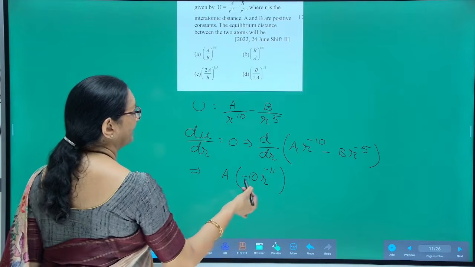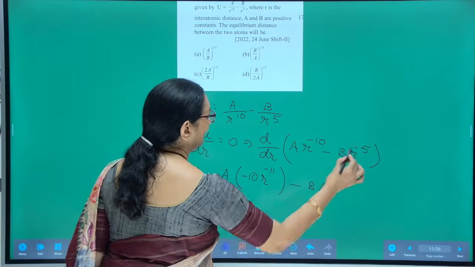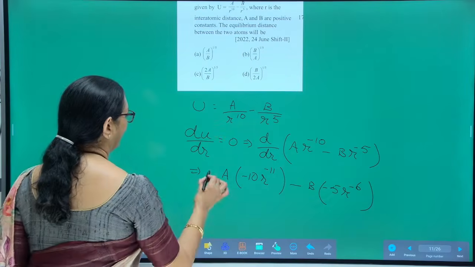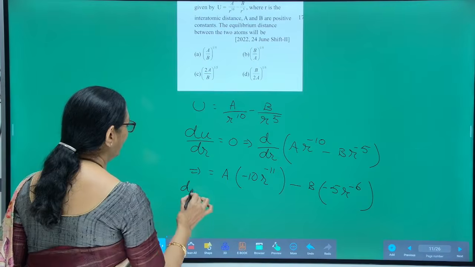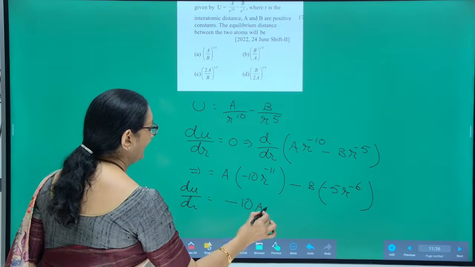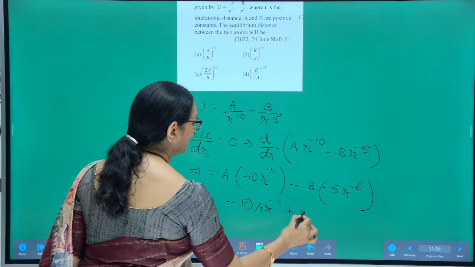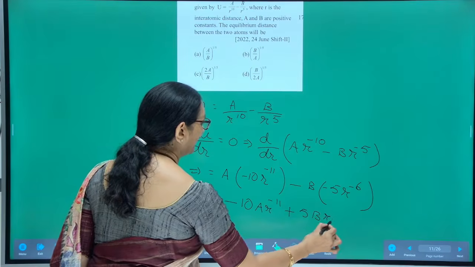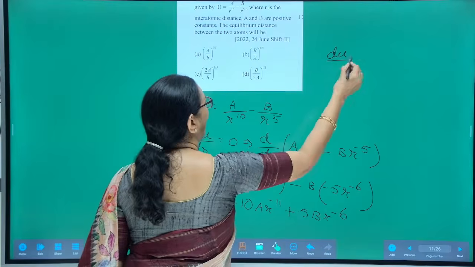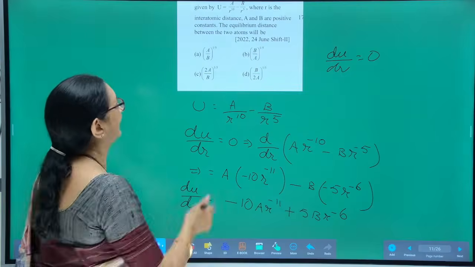So, its derivative is minus 10 r to the power of minus 11, minus b, its derivative is minus 5 r to the power of minus 6. So, dU by dr is equal to minus 10 a r to the power of minus 11 plus 5 b r to the power of minus 6. dU by dr is equal to 0 is the condition for equilibrium.